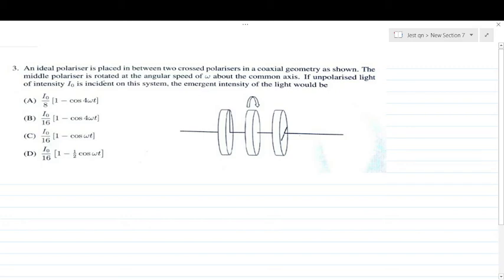The middle polarizer is rotated at angular speed omega about the common axis. If unpolarized light of intensity I0 is incident on this system, the emergent intensity of the light would be. Okay, suppose this is unpolarized light.